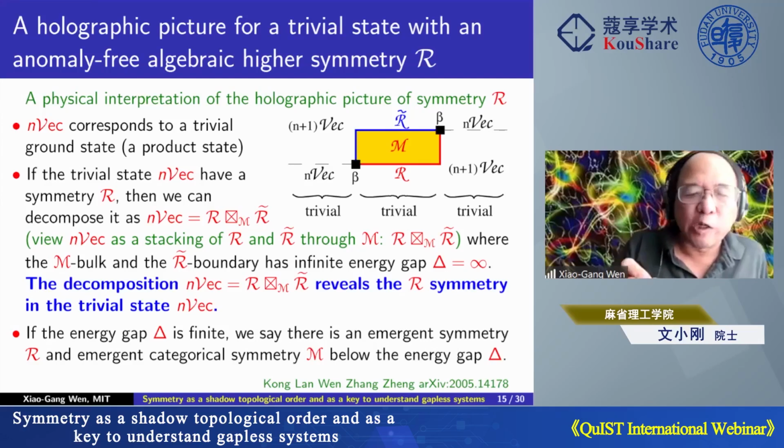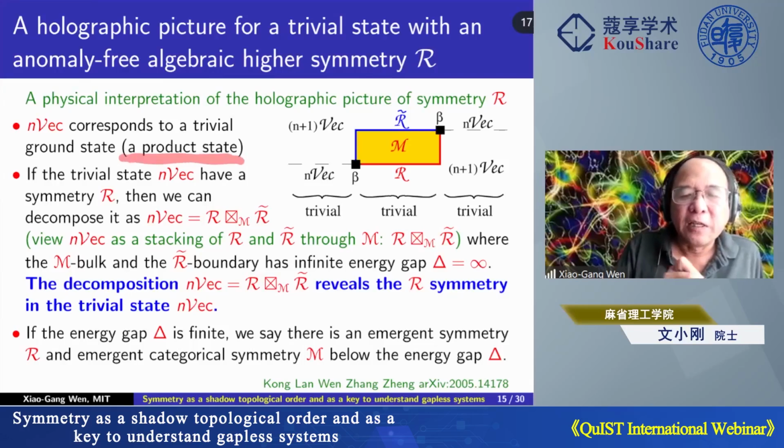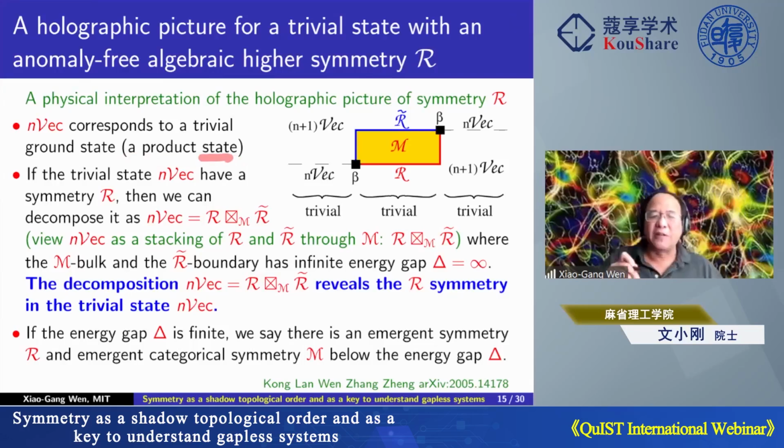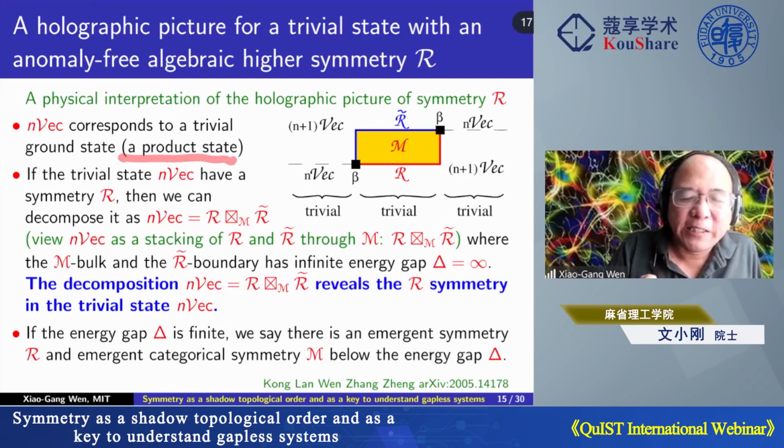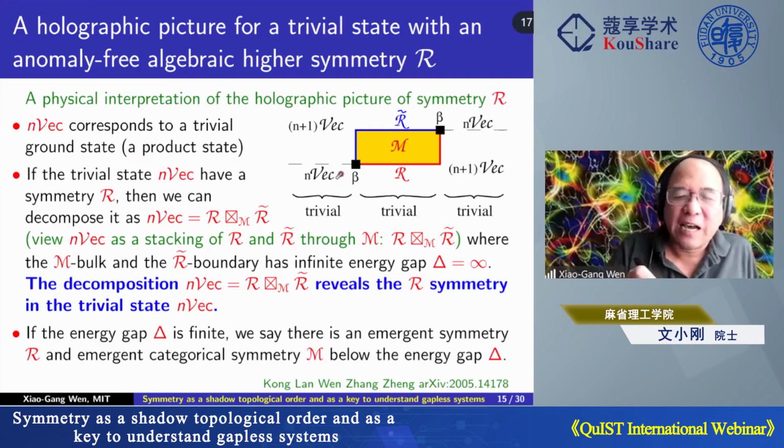This trivial symmetric ground state actually is a product state. So basically we have a product state which has a symmetry. That's the point. This product state is described, in category language, by the trivial category nVec. So nVec corresponds to this product state.